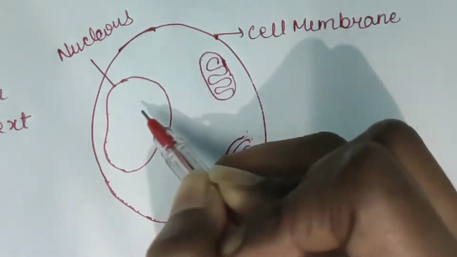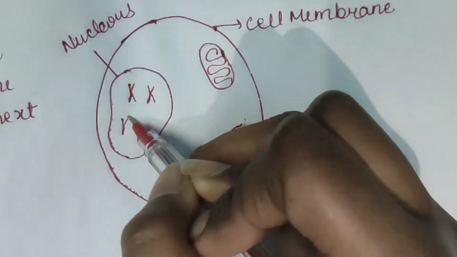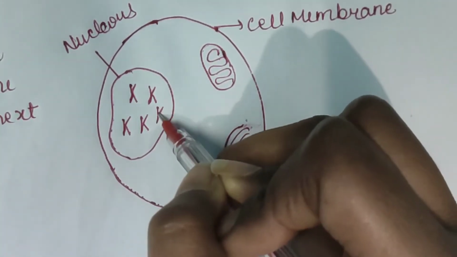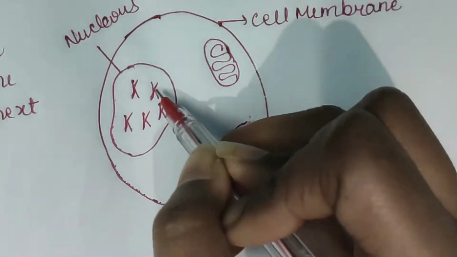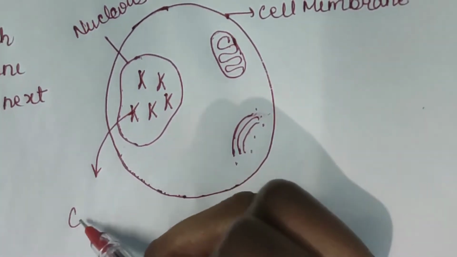A nucleus contains the genetic material of a cell, which controls all the activities of a cell. This genetic material is called chromosomes.